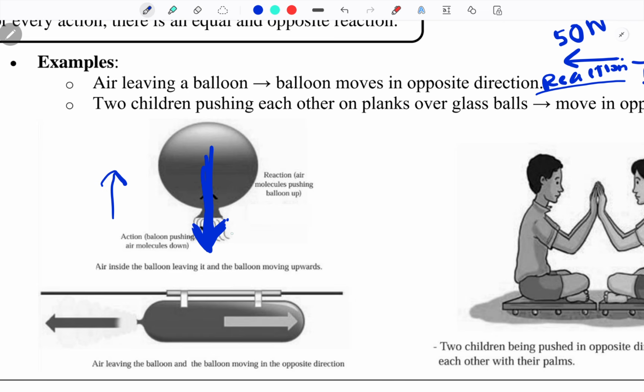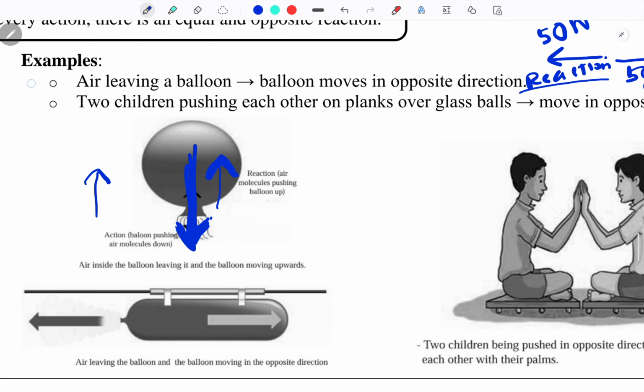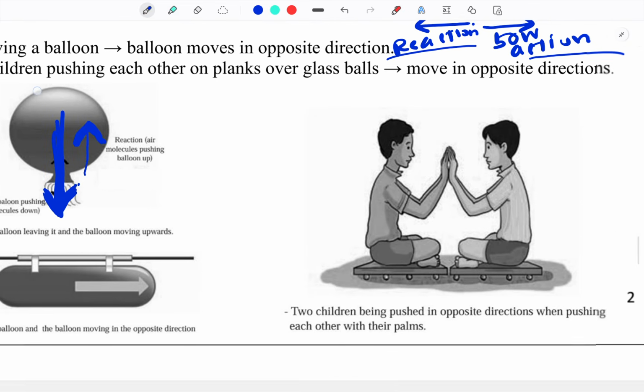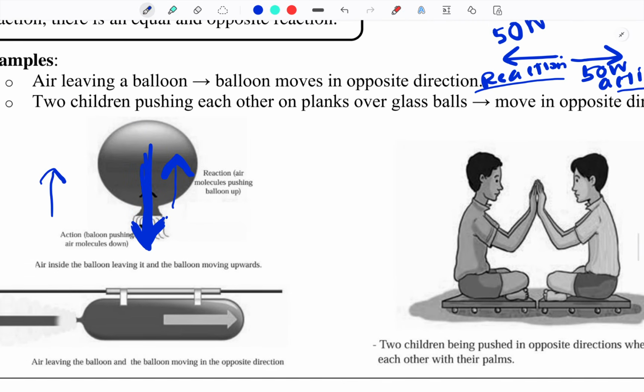Then what happened? As the reaction force, oppositely the same way the reaction is occurring to the upward. That's why it's moving upward. Okay, the balloon is pushing air molecules downward, but the air molecules in the balloon push it upward.